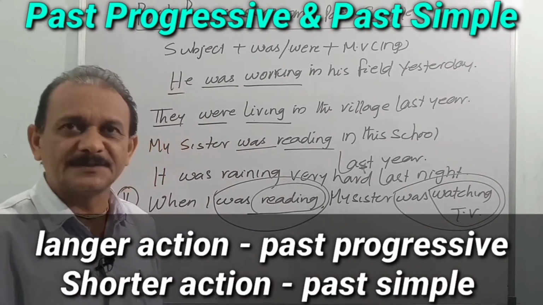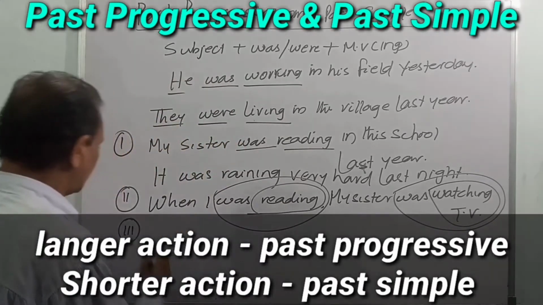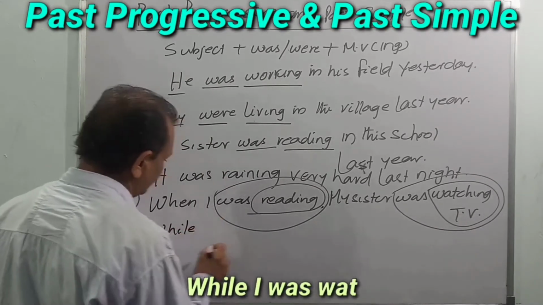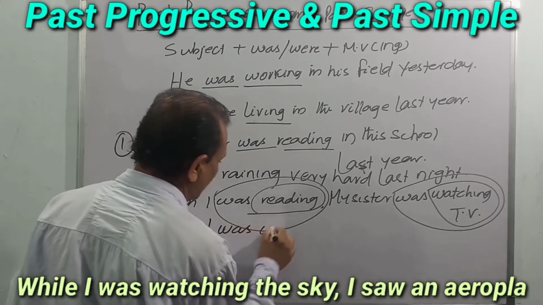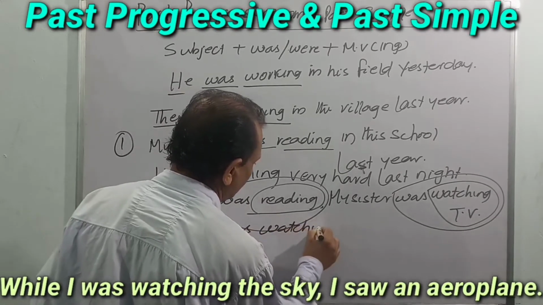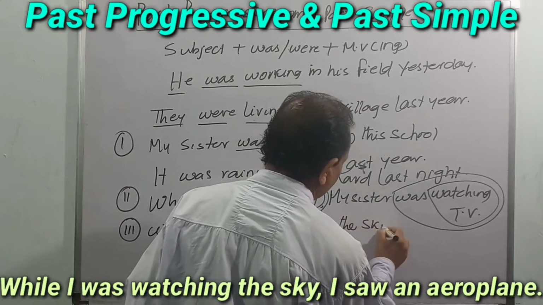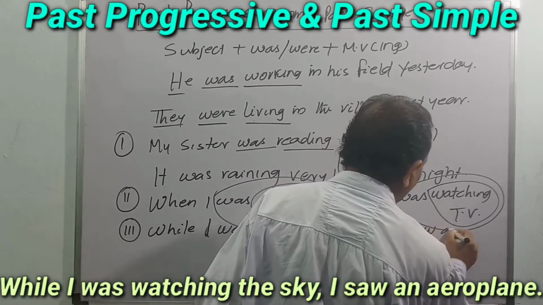And in the shorter action, we use past simple. While I was watching the sky, I saw an aeroplane.